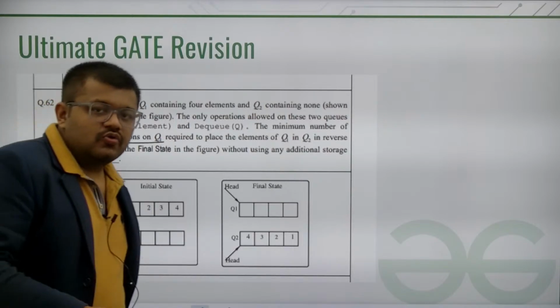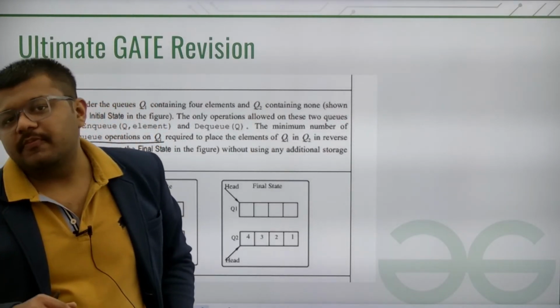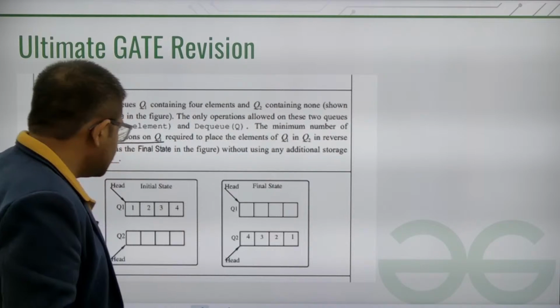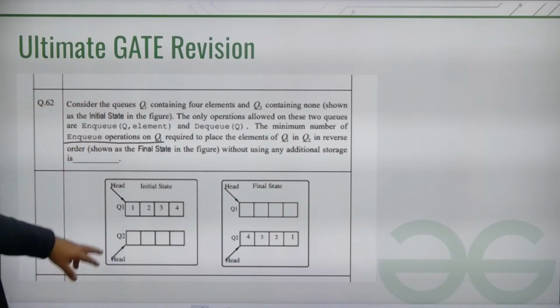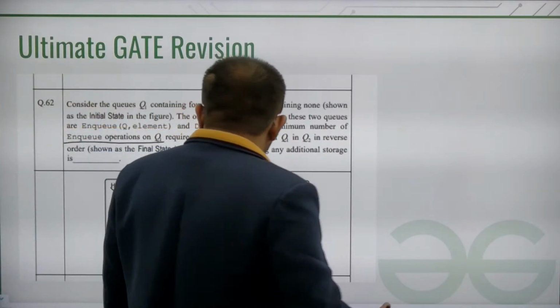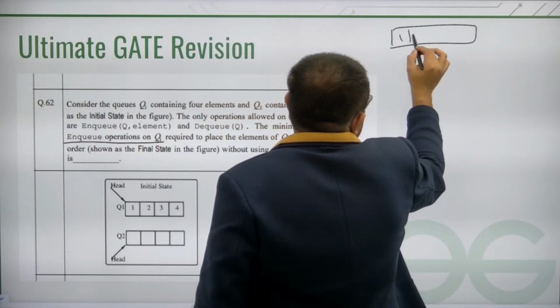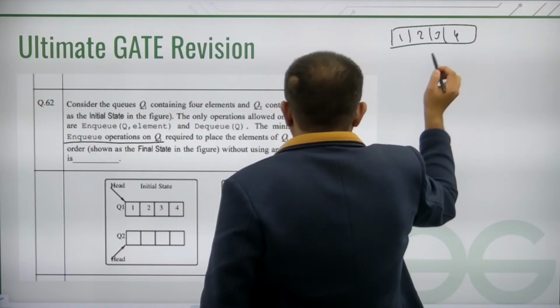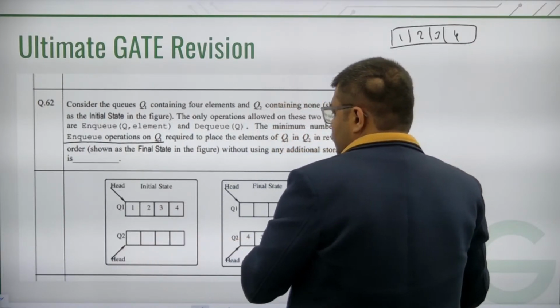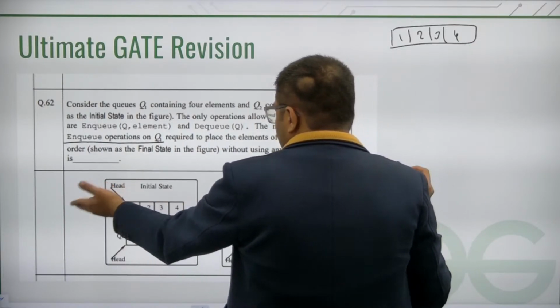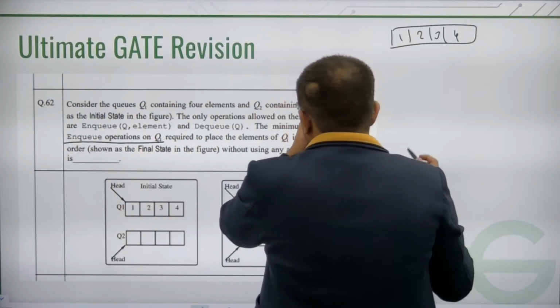What I need to do is minimize the number of NQ operations on Q1. So how can I do that? If you try to do it quickly, you might get the wrong answer. For example, this is Q1, and now I want Q2 as 4, 3, 2, 1. The first step is obviously to remove 1 from Q1 and enter it in Q2.